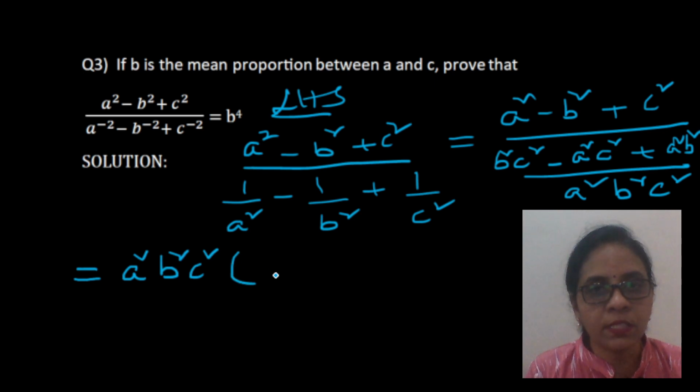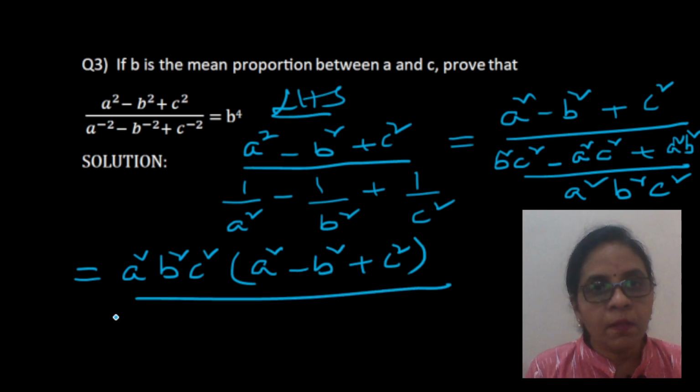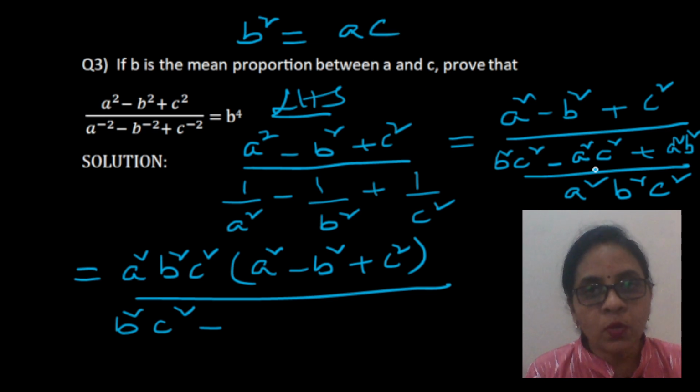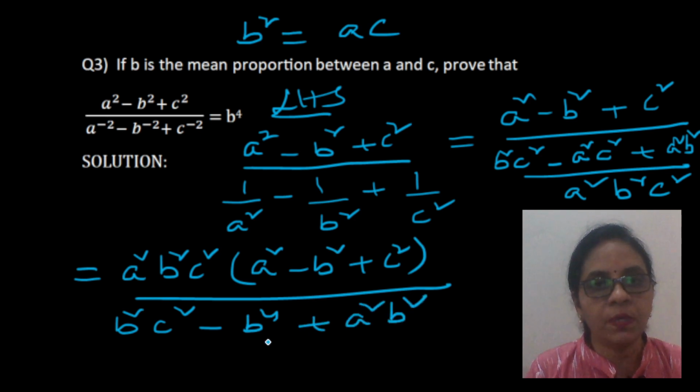So a square b square c square into a square minus b square plus c square by b square c square minus a square c square. A square c square, if b is the mean proportion between a and c, we know that b square is equal to ac. So a square c square becomes b power 4, plus a square b square.